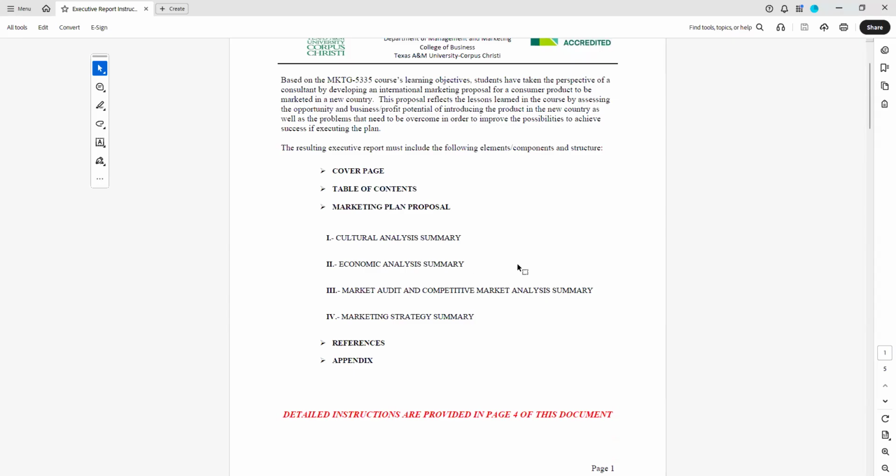Then you have third, the market audit and competitive market analysis. And then number four, the market strategy. This will be summaries of those assignments that you develop throughout the course. And then, of course, at the end, you will have a list of references, the appendix with supporting materials and charts and tables, graphs, etc.